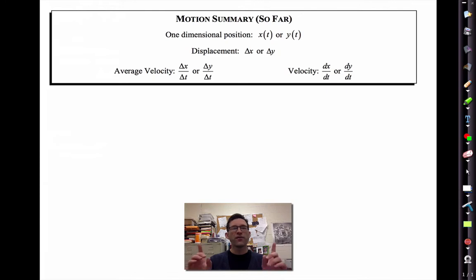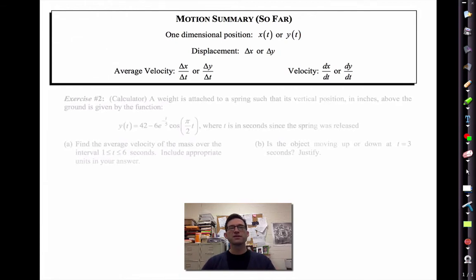But if I want to know how fast I'm moving at a moment in time and whether my position is increasing or decreasing, then I need my derivative. We're just going to call that velocity. Technically, it's instantaneous velocity, but we'll know the difference between average velocity and velocity by using the word average.